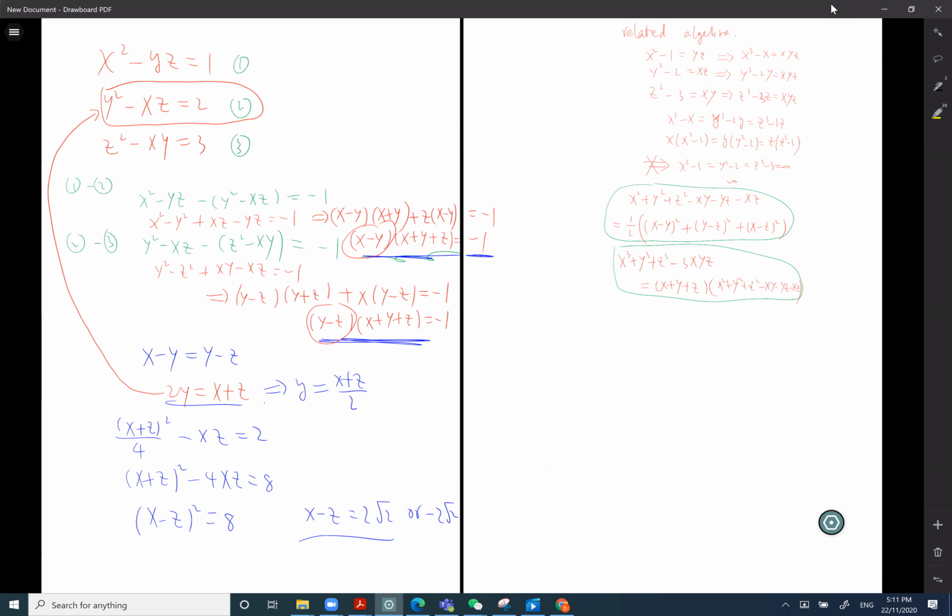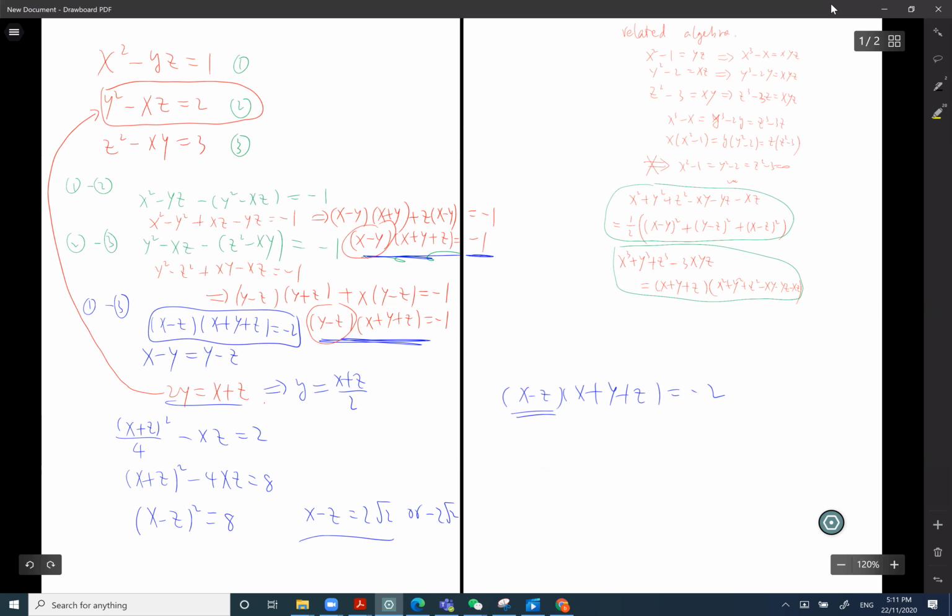For me, I tried. I forgot which way I did, but it seems like when I did this, I also tried maybe 1 minus 3 as well. So you got (x minus z)(x plus y plus z) equals negative 2. And we have x minus z now. x plus y plus z equals negative 2.